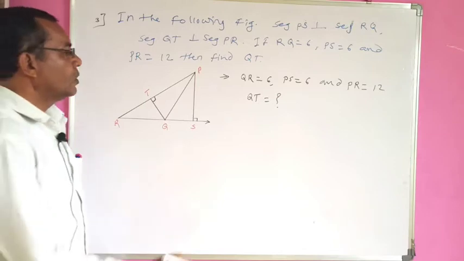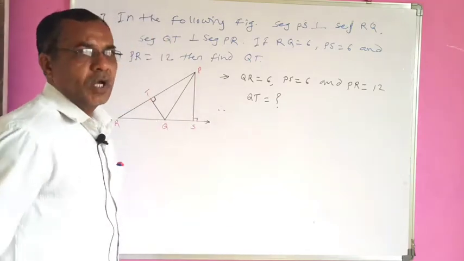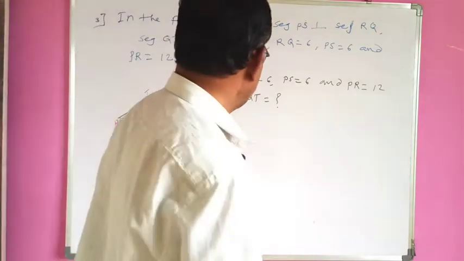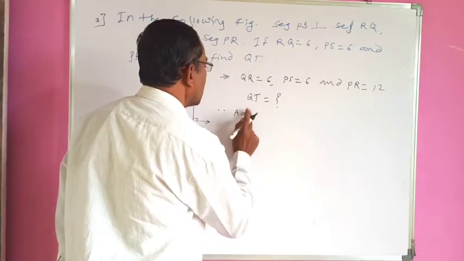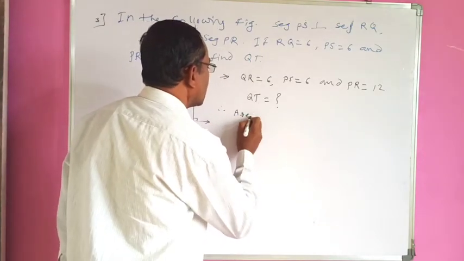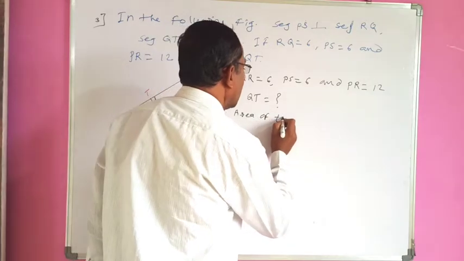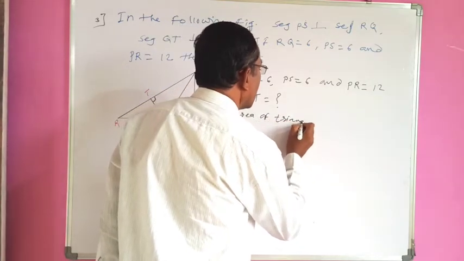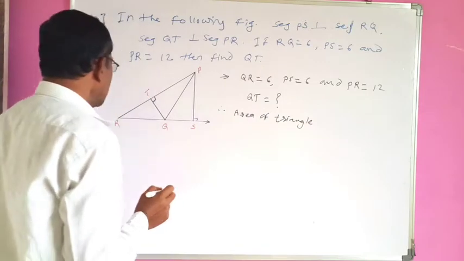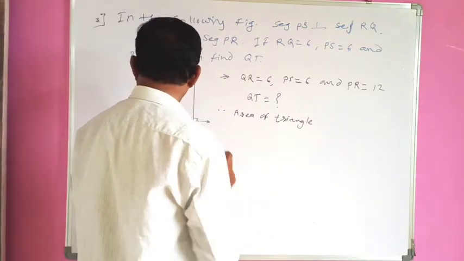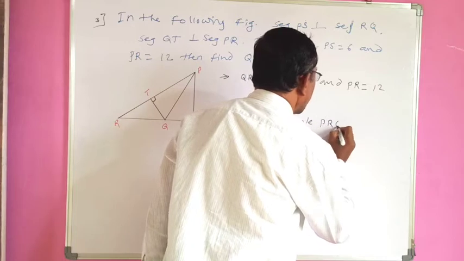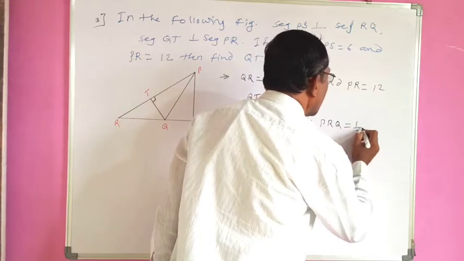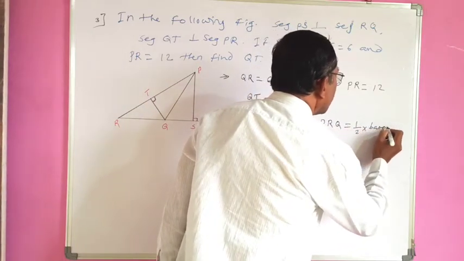Okay, now we know the formula for the area of a triangle. We will write area of triangle PRQ is equal to 1/2 into base into height.